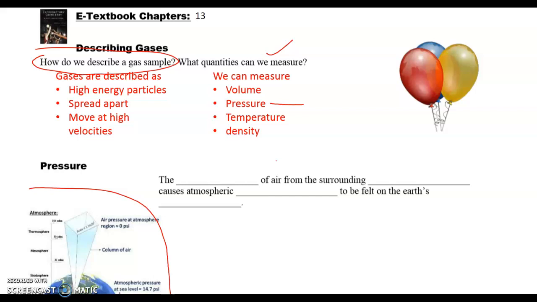Because of that, there's a pressure that exists on Earth, an atmospheric pressure. If we fill in these blanks, the weight, which is a force, of air from the surrounding atmosphere, lots of atmospheric gases such as nitrogen, oxygen, carbon dioxide, causes atmospheric pressure to be felt on the Earth's surface, which is where we're at.